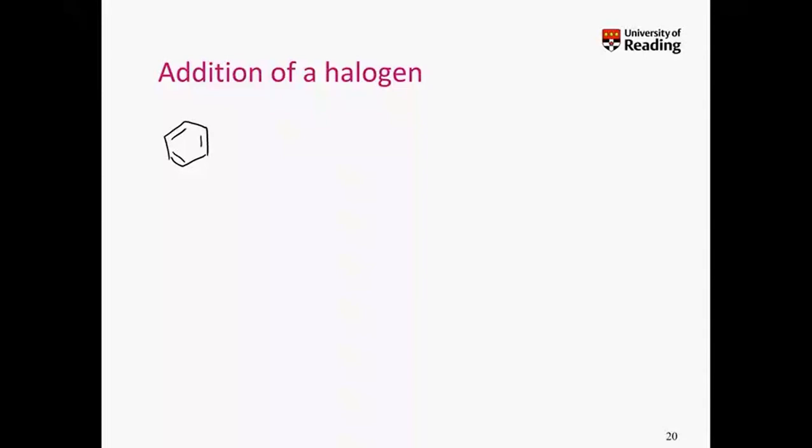So we've got our aromatic ring, and we have our Cl plus. If we just consider it to be Cl plus, we can just do the same thing we were doing all along. We can just use the electrons from that ring to form our bond.